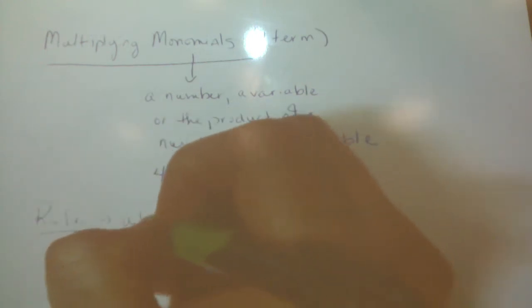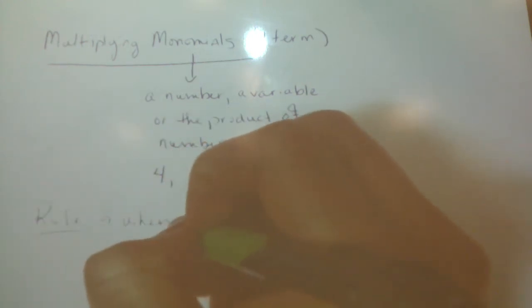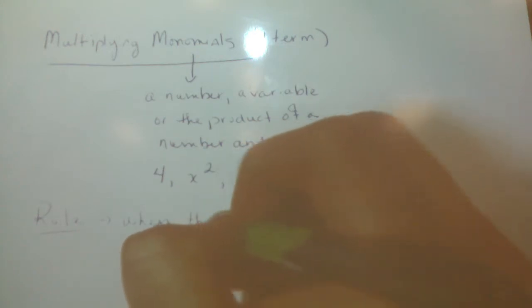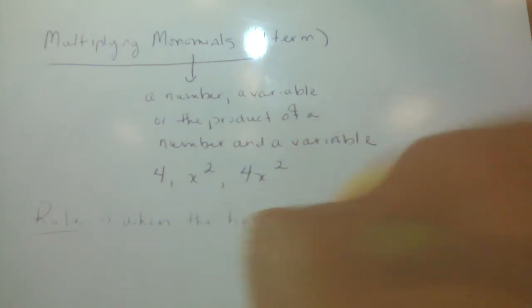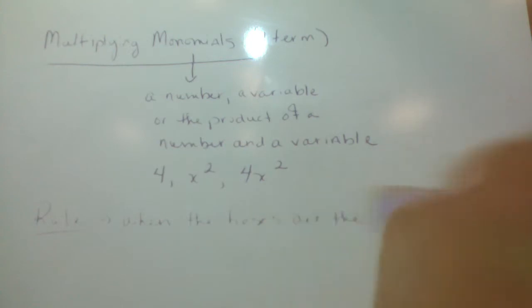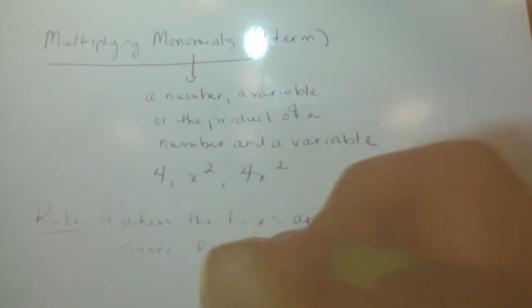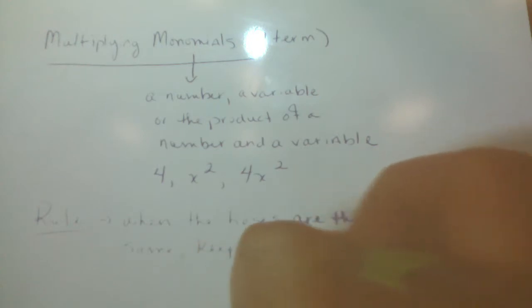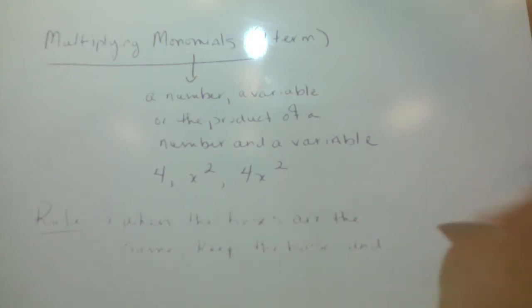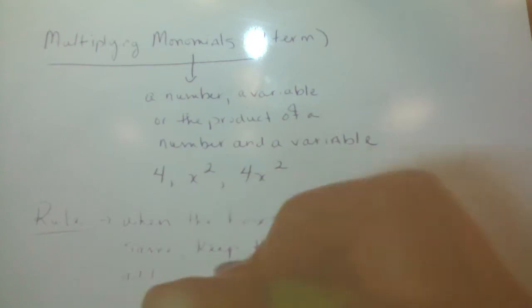All right, so the rule for multiplying monomials: when the bases are the same, you keep the base and add the exponents.